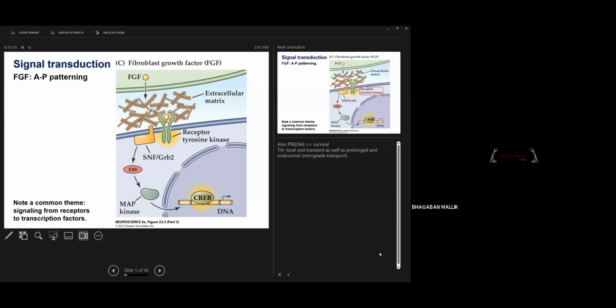So this is for the FGF signaling, and these are the key kinases you should remember a bit. FGF binds directly to the receptor tyrosine kinase, or the neurotrophins can also bind and act through GRB2 and initiate RAS signaling. This is just to get an overview of the FGF signaling pathway.